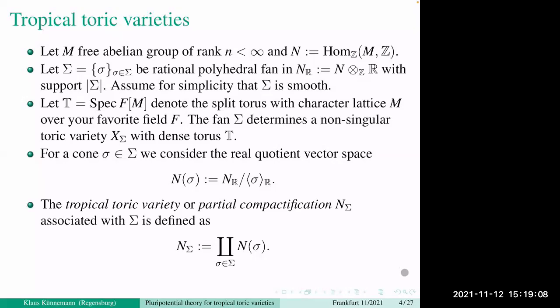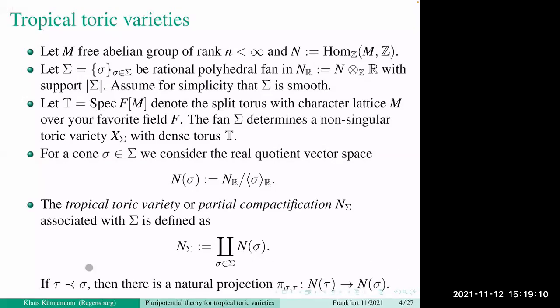And observe that they are related. If tau is a face of sigma, then there's a natural projection map from N(tau) to N(sigma). The idea is that you consider N(sigma) as a boundary component of N(tau).